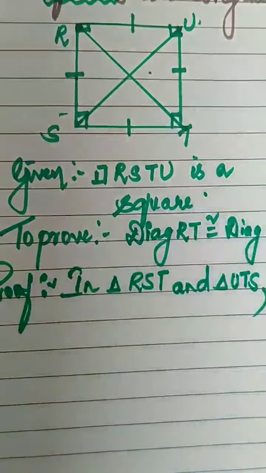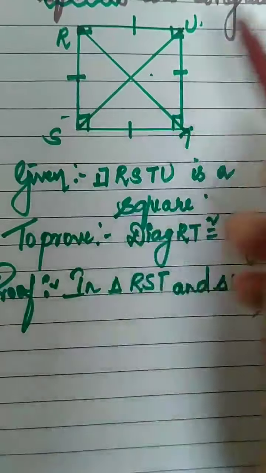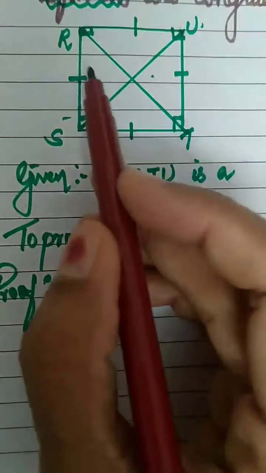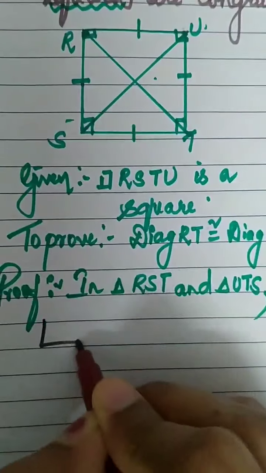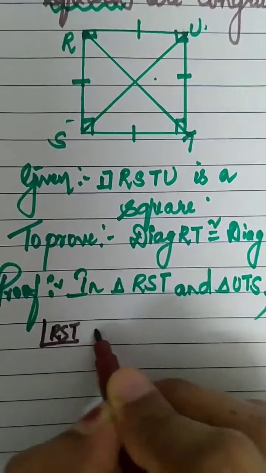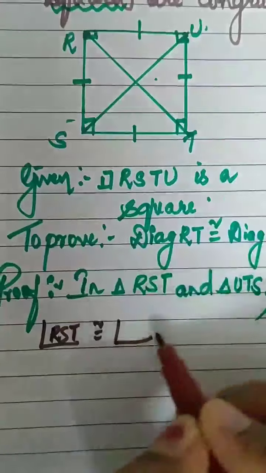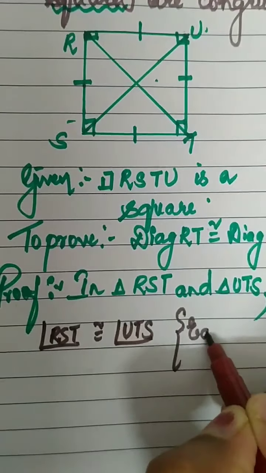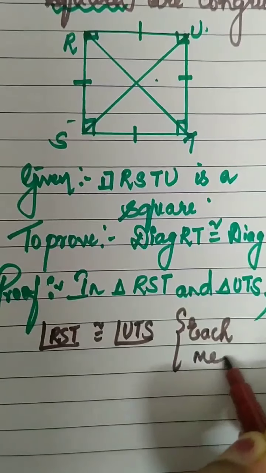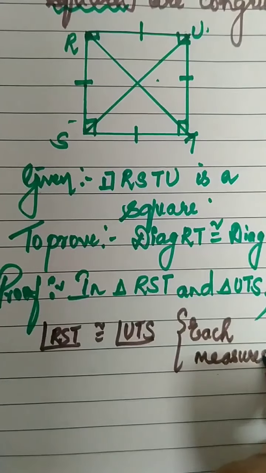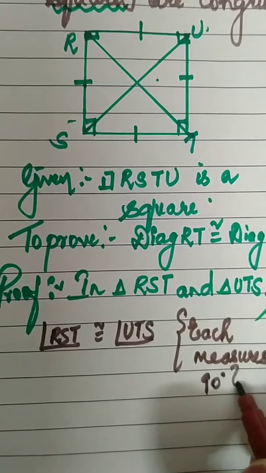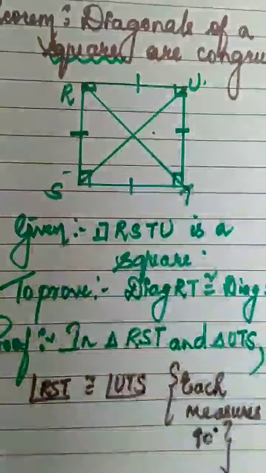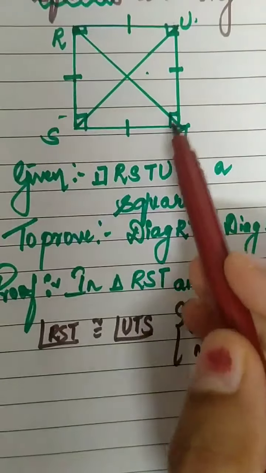So let's start. In triangle RST and triangle UTS, what I thought first of writing is angle RST congruent to angle UTS. Why? Each measures 90 degree, because both the angles are angles of a square, and all the angles of a square are right angles.